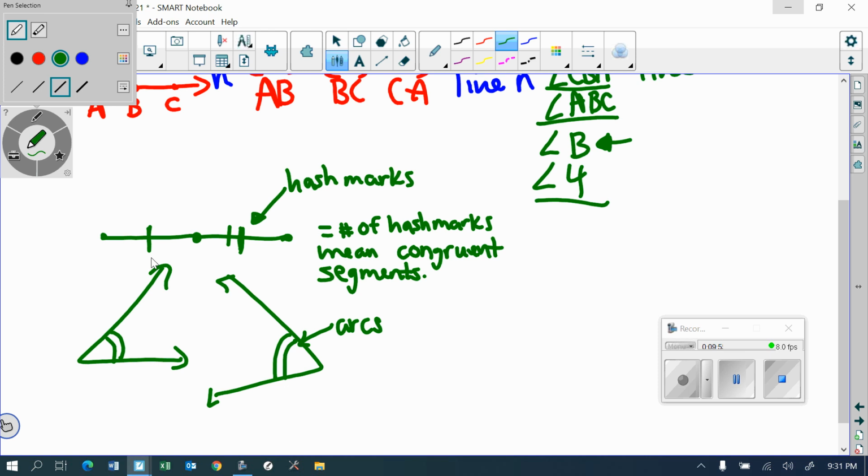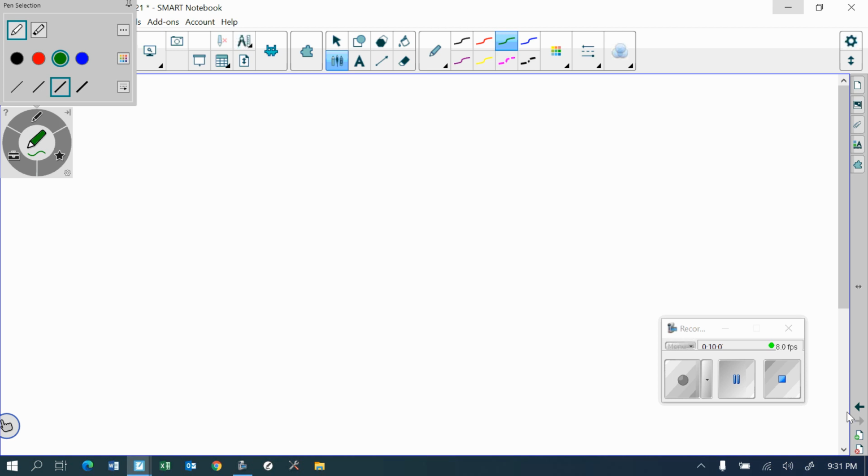Okay, next we have parallel lines cut by a transversal. Let's go to the next page here. Parallel lines, you should know from middle school, parallel lines means two lines that never intersect in the coordinate plane.